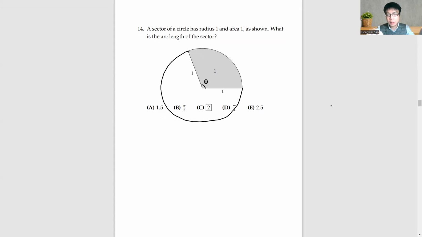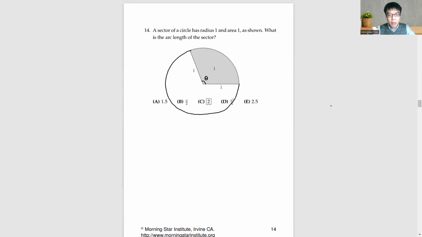So the fraction is theta over 360 degrees. That applies to both the area and the arc length. For example, for the area, it's 1 over pi r squared. This corresponds to this fraction theta over 360 degrees.